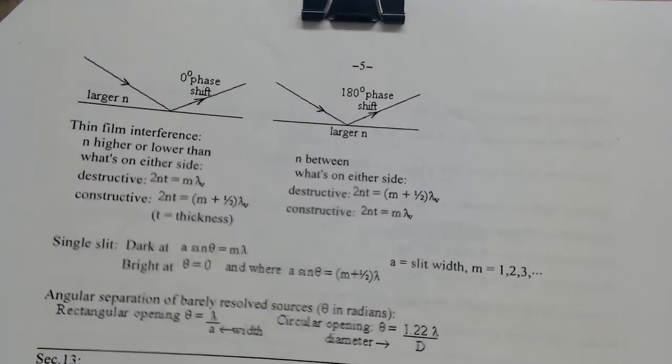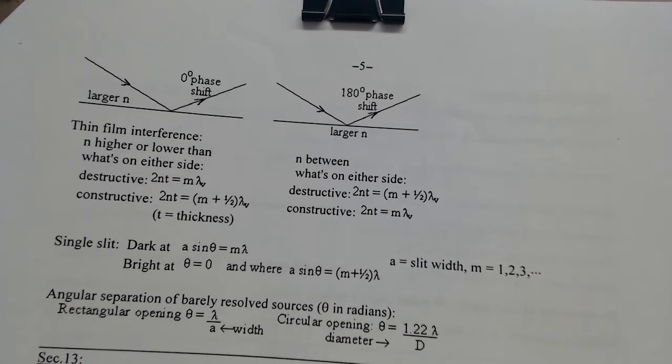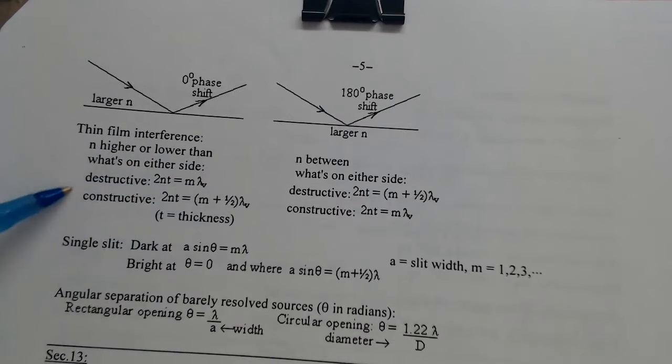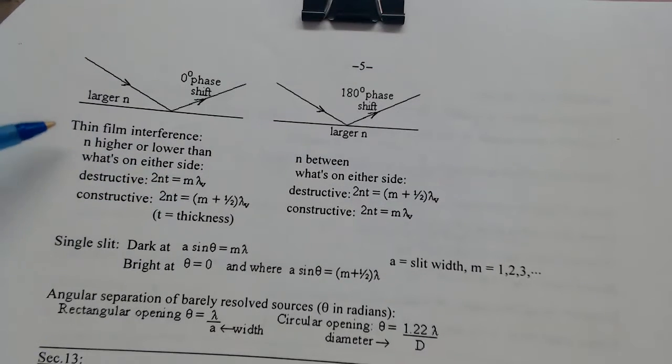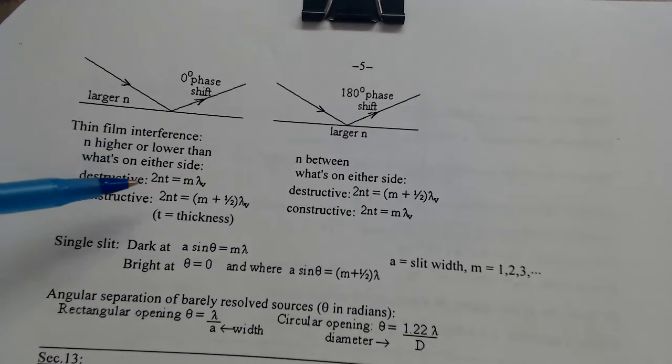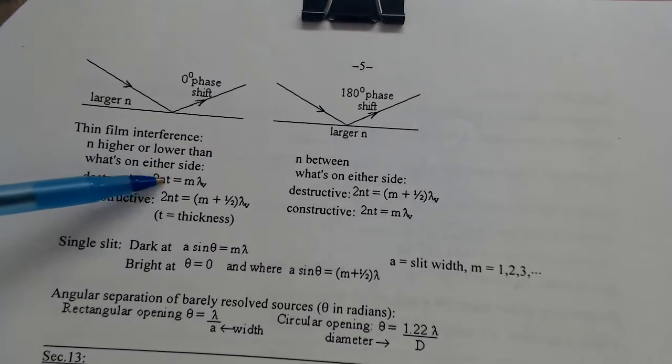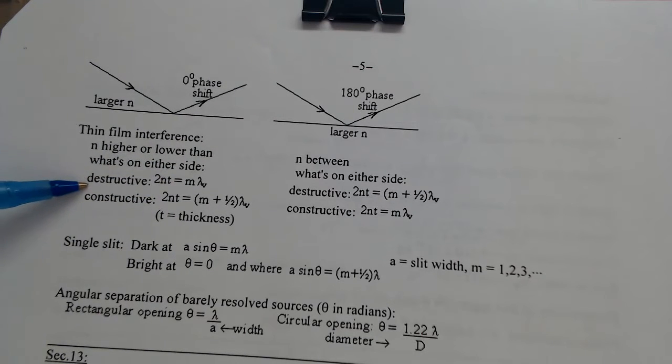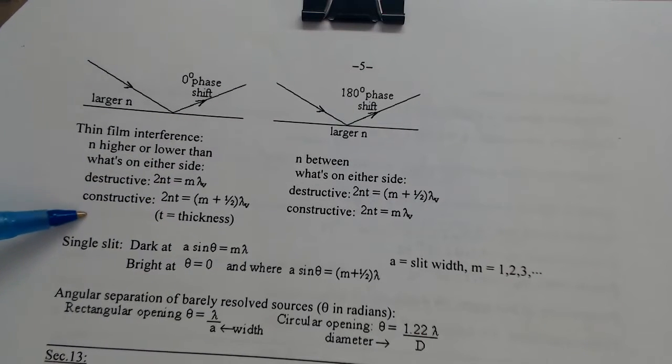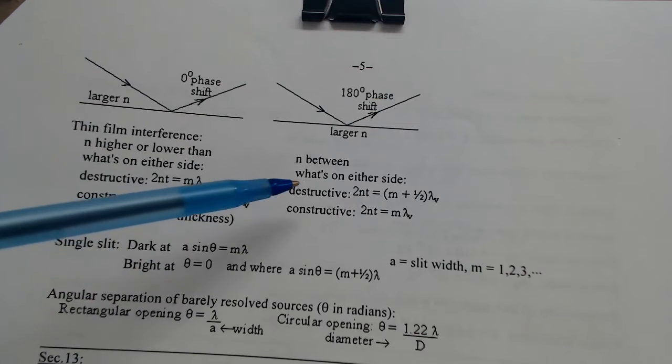The thin film is made out of air, a thin gap between two pieces of glass. And that would be a case where n is lower than what's on either side of it, okay? Air is around 1.0, glass around 1.5. So you would use these two equations to tell you where destructive and constructive interference is in that case.